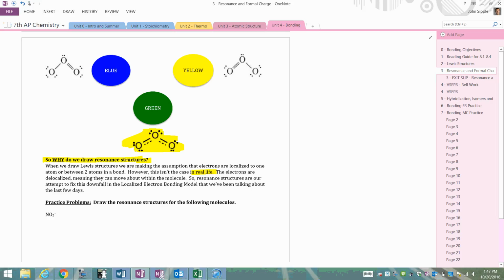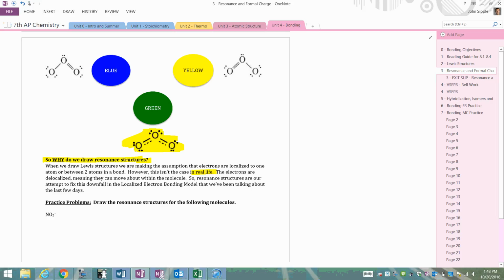That last pair of electrons is really being shared between all 3 of those atoms in real life, because there's no bond difference in length between either oxygen. They're all the same. It's about a bond and a half, between a single and a double bond.